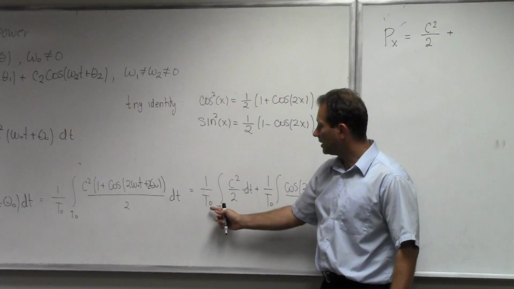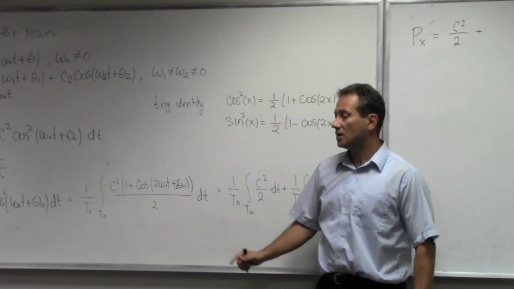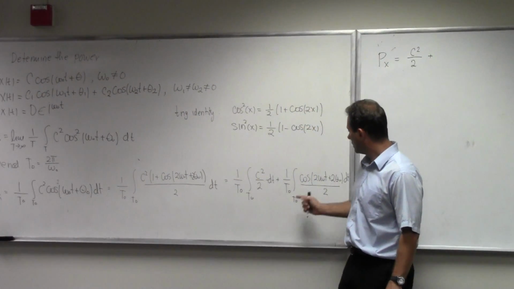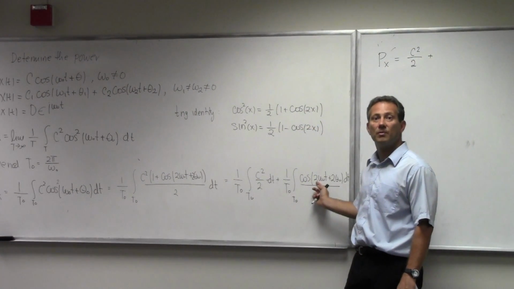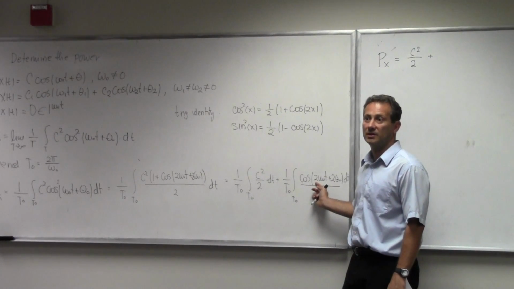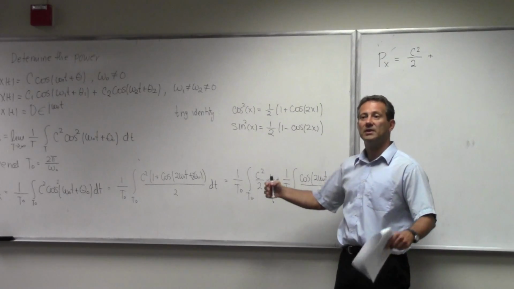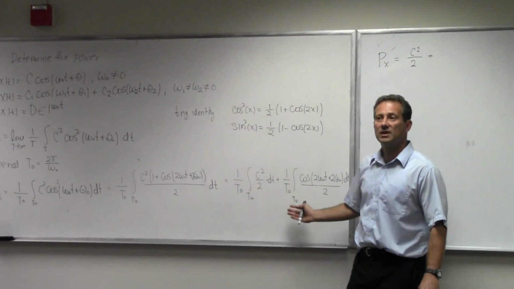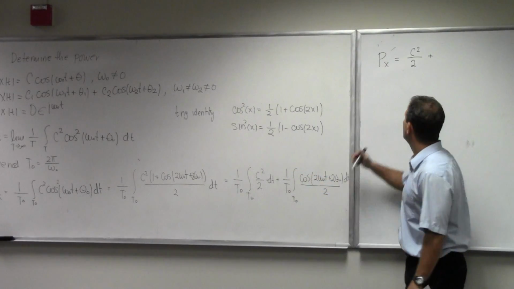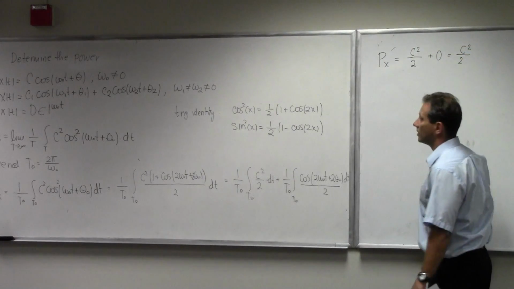Because I'm integrating over t0, the period associated with frequency omega 0, while this cosine has frequency 2 omega 0, so its period is t0 over 2. So I'm integrating over 2 periods. What's the average of a cosine over 2 full periods? 0. So the value of the second integral is 0, and the power of the sinusoid is c squared over 2.